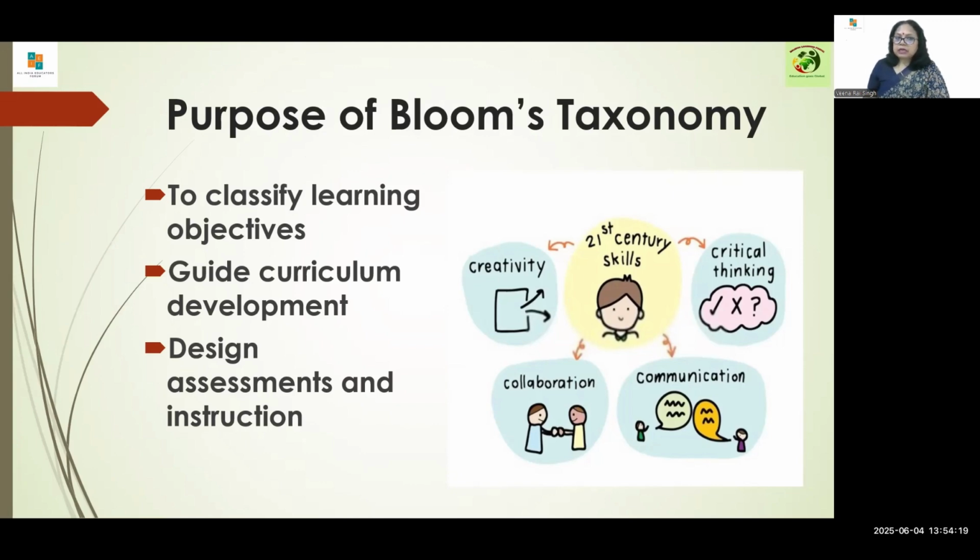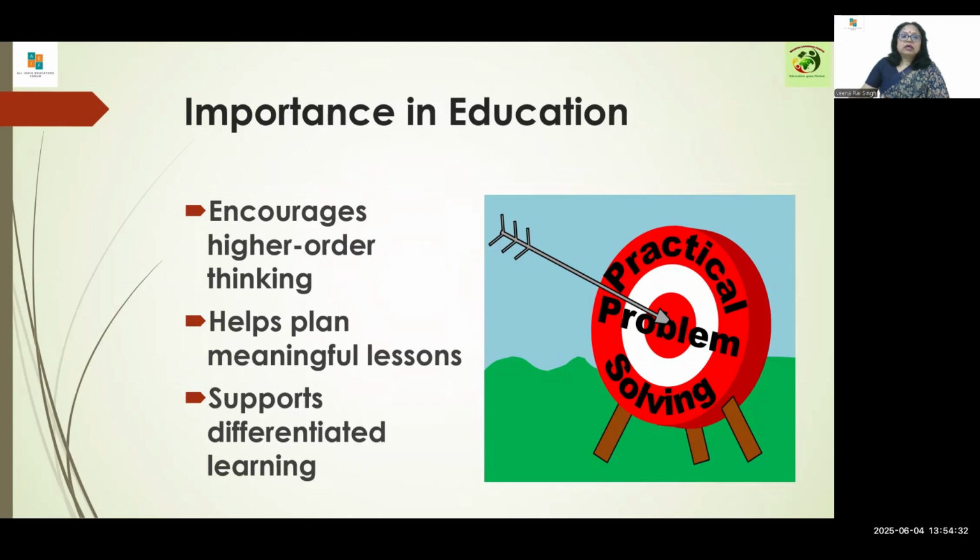So the purpose becomes to classify the learning objectives, guide curriculum development, and design assessments and instruction. So it has a lot of importance in education. It encourages higher order thinking skills.